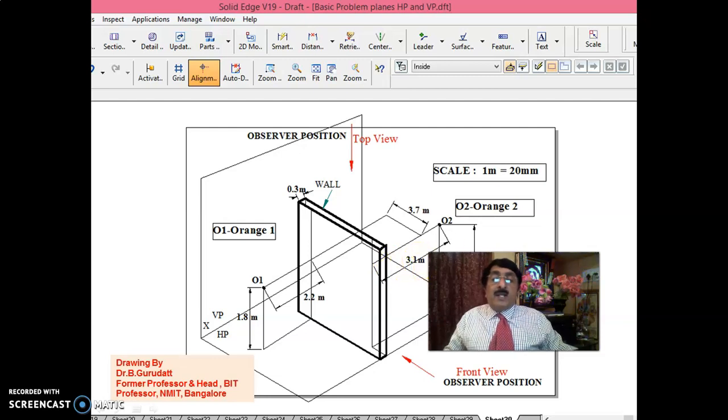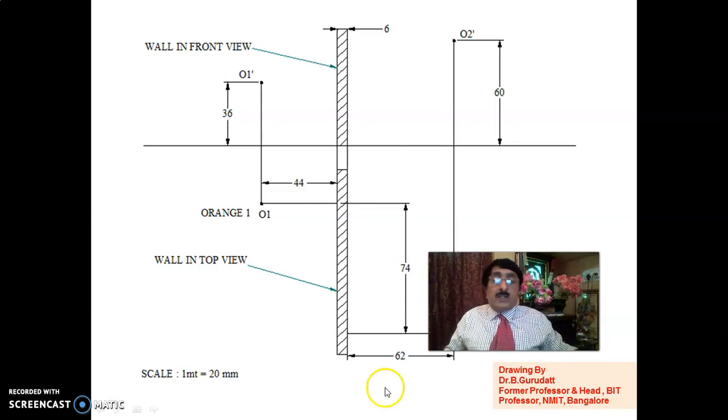Correct? No? 3.1 meters from the wall. That means it is 62 mm from this wall. Correct? No? 62 mm from the wall.